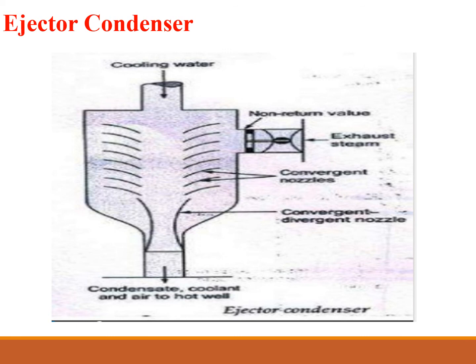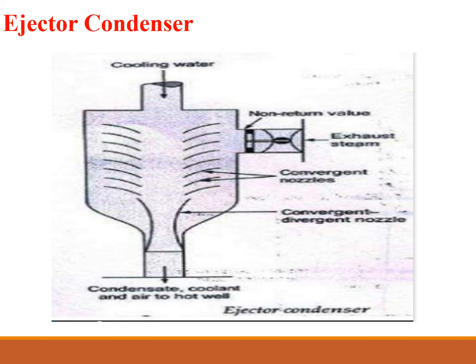The cooling water enters the convergent nozzle from the top under a head of 5 to 6 meters and acquires high velocity while passing through it. The steam comes in direct contact with the cooling water and is condensed, as the specific volume of steam is decreased and the vacuum is created.